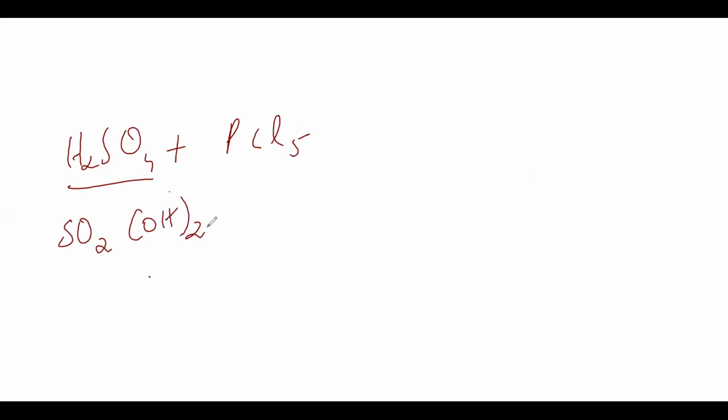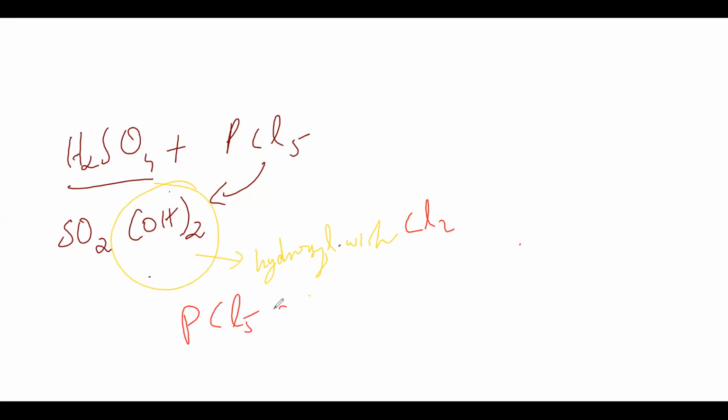So what will happen is this PCl5, when it reacts with conc. H2SO4, replaces the hydroxyl group, the OH group, with chlorine.